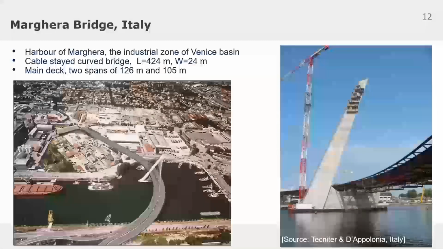So the structure consists of 7 spans of a total length of 424 meters, and this bridge has the particularity of being a curved cable stayed bridge, which has resulted in a complex design, and the monitoring system was actually very important to verify the design assumptions and also to monitor during the entire service life.